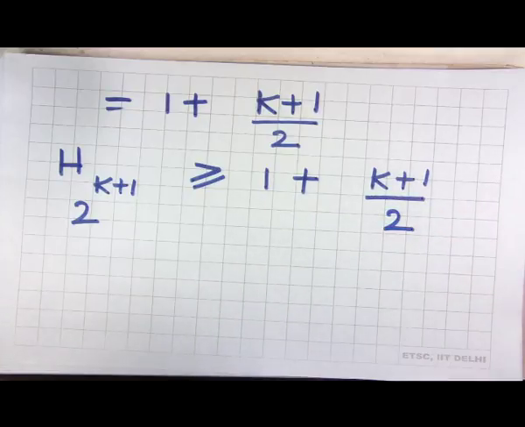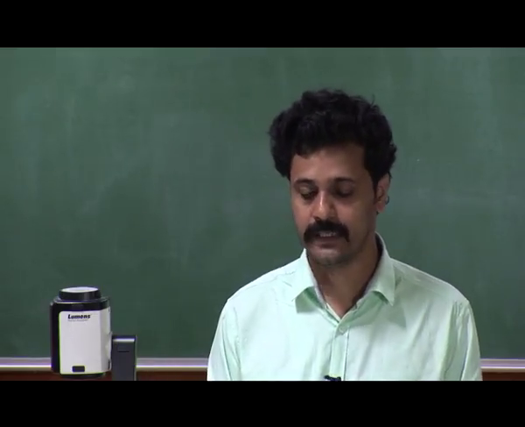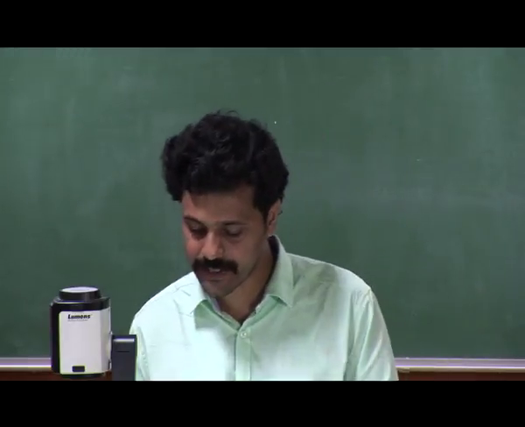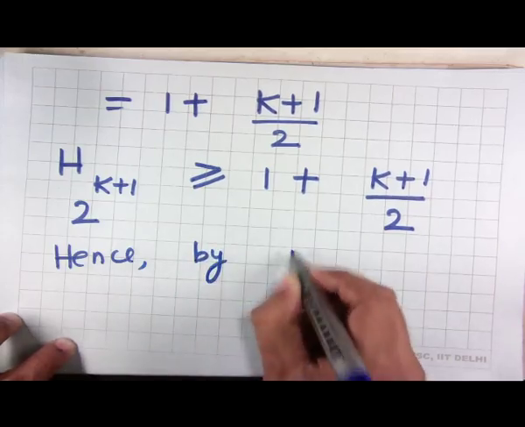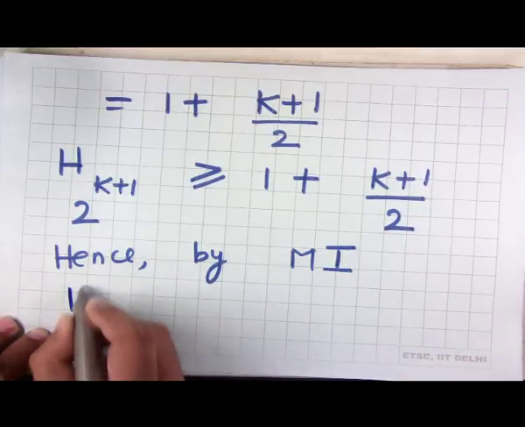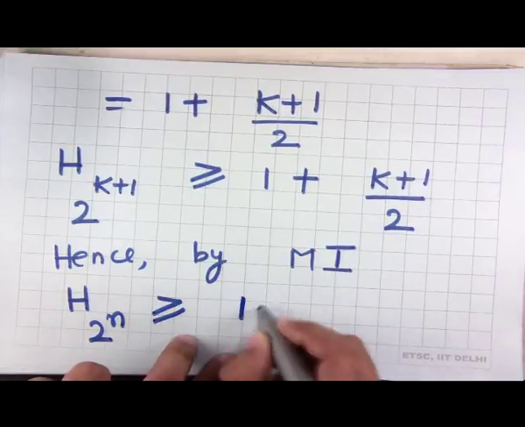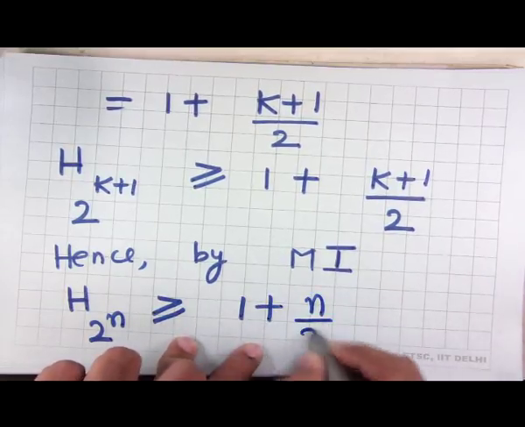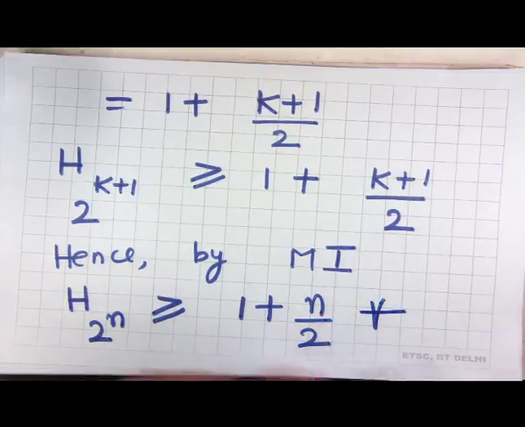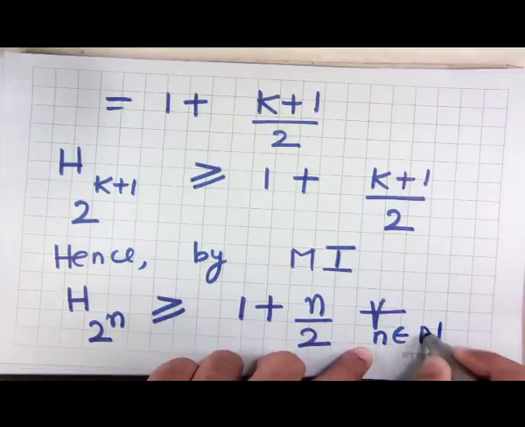Assuming P of k is true, we established P of k plus 1, which finishes inductive step. Hence, by mathematical induction, let me write MI, we have H 2 power n is greater than or equal to 1 plus n by 2 for every non-negative integer, that is n belonging to natural numbers union 0.